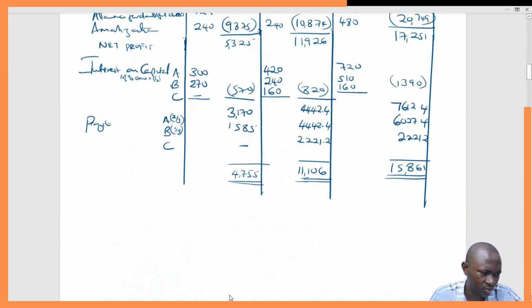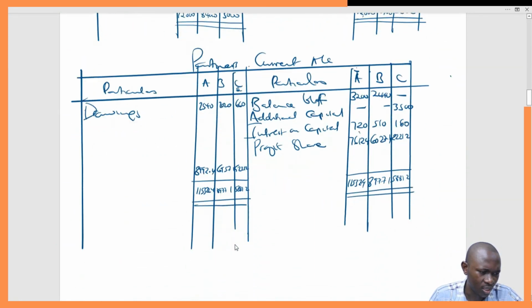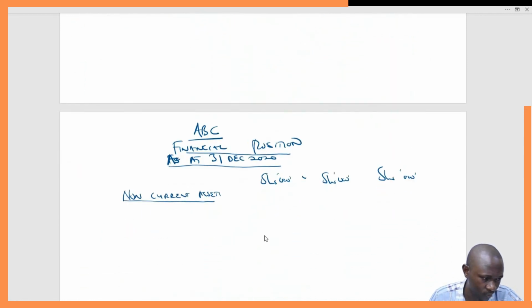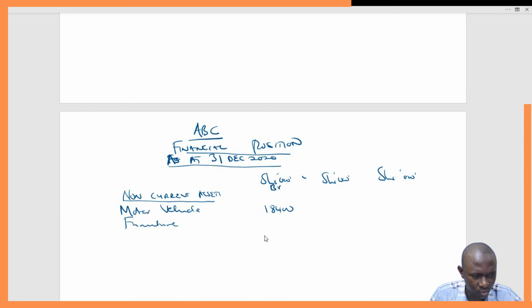That is the original cost. So we'll come here and say motor vehicle, and furniture. This is 18400, and this is the book value, and then 56.